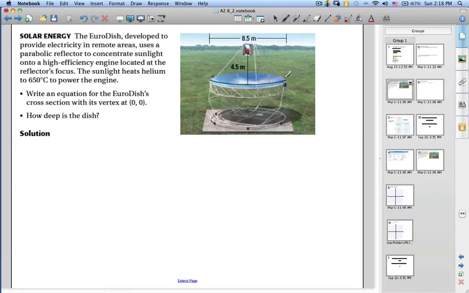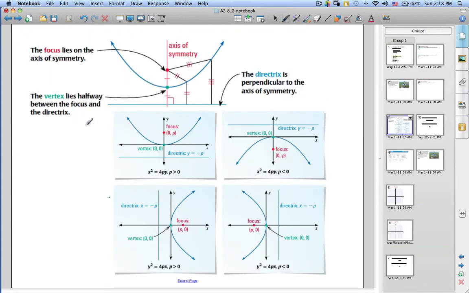It's rather flat, and you know the vertex would be right here. And then as we go up here is where the engine is, where the focus is. So if we wanted to find out how deep the dish was, we would have to take a measurement between here and there. Okay, so let's go into some of these parts before we do that.